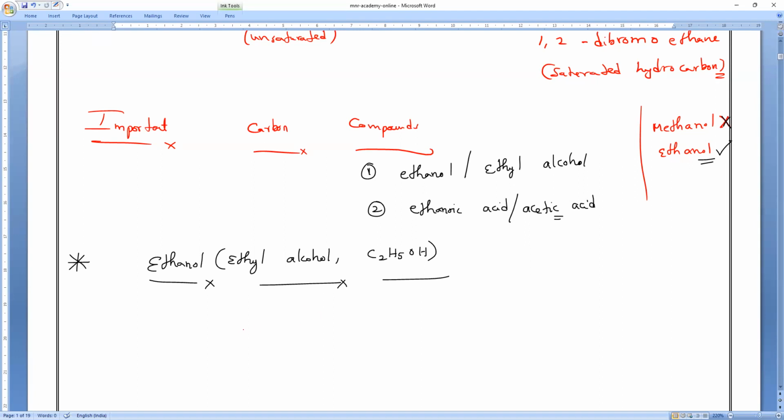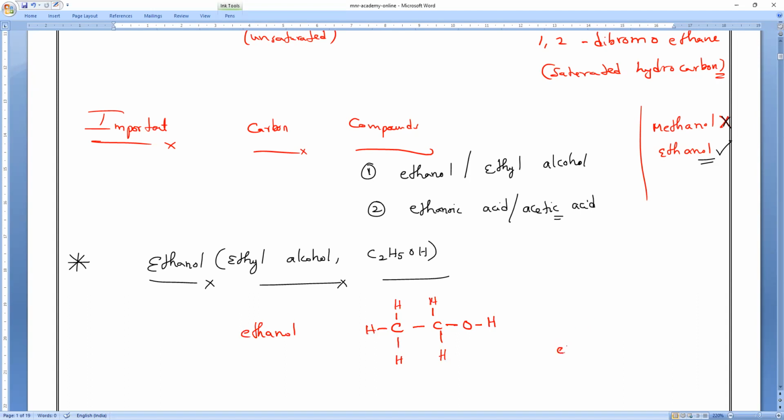So now, if I draw the ethanol structure, you can see two carbons, and the first carbon has 3 hydrogens, the second carbon has 2 hydrogens, and the second carbon has OH. So this is the structure of ethanol.